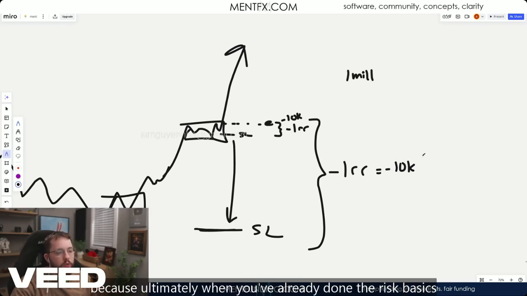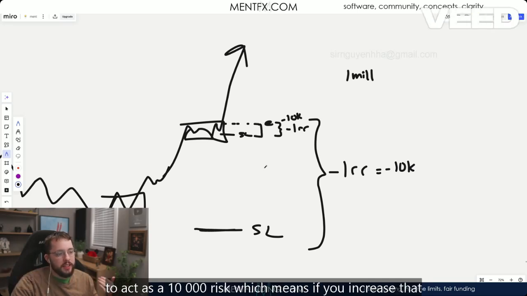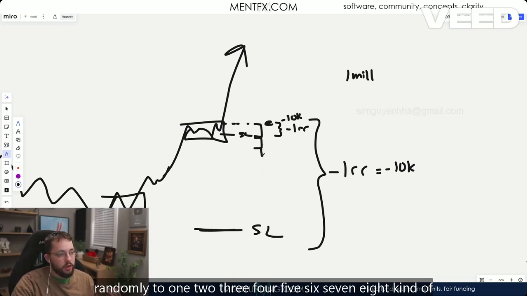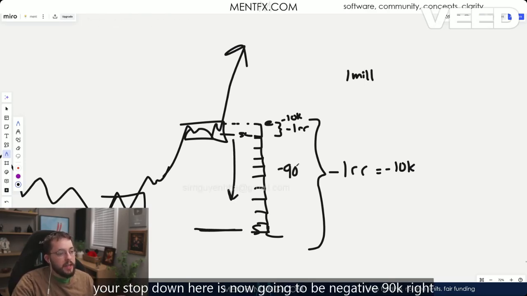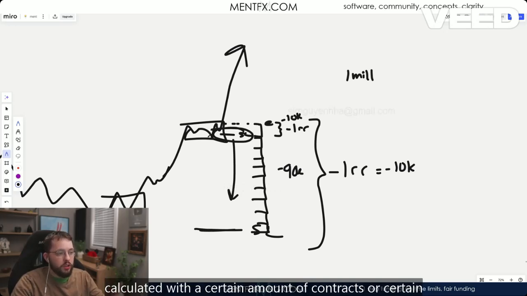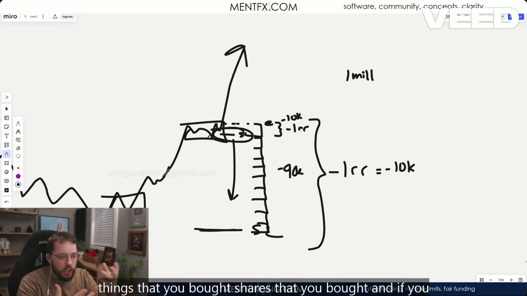Because when you've already done the risk basics and your calculations, this right here is always going to act as a $10,000 risk, which means if you increase that randomly by 9-ish times more, then your actual risk, if you randomly move your stop down here, is now going to be -90K. Because what you've done is you've moved a stop that was calculated with a certain amount of contracts or shares that you bought.